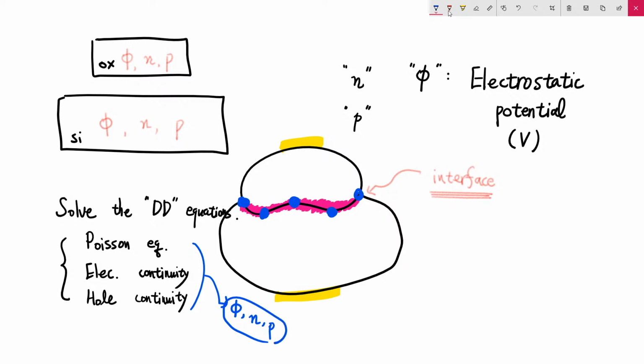They are solutions. So my question is, if we have this oxide region and silicon region, in order to solve the drift diffusion equation, I just introduce some unknown variables phi, n and p in the silicon region, and also introduce phi, n and p in the oxide region.